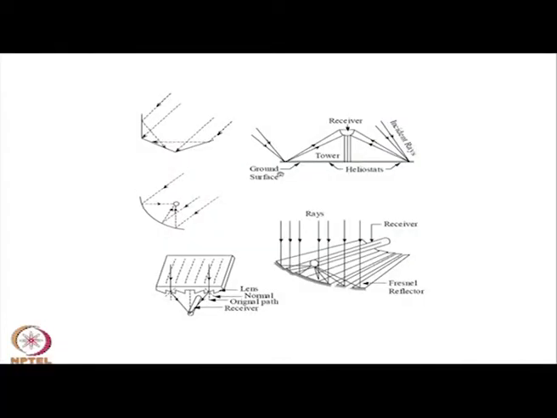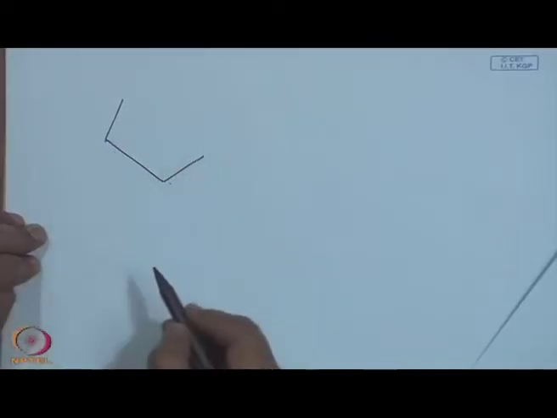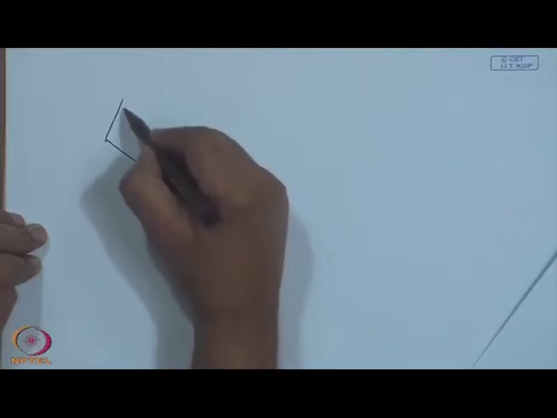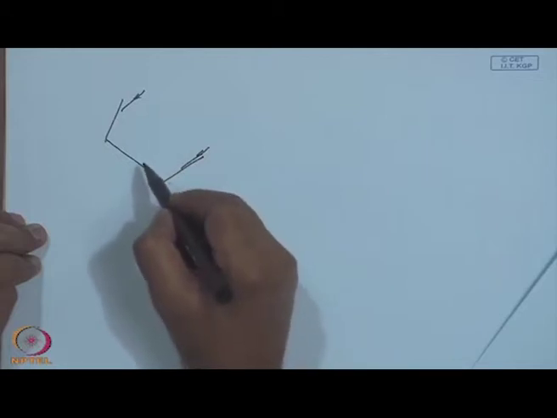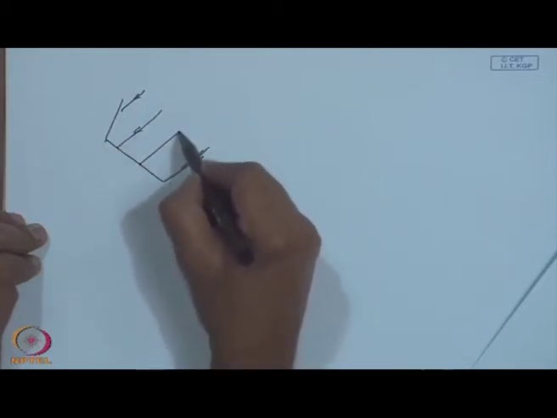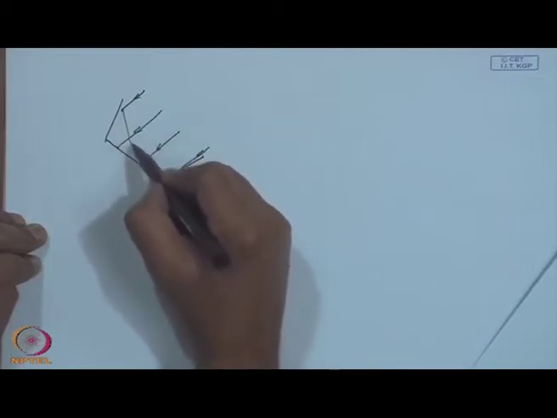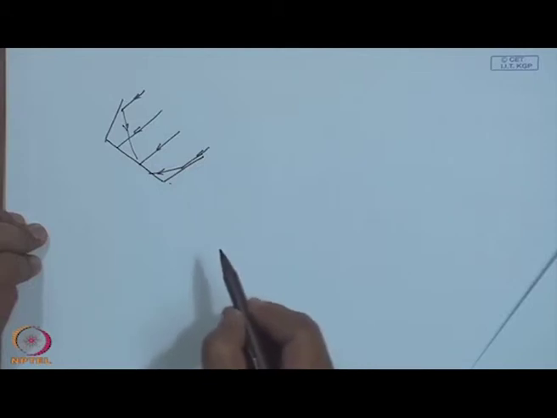So, here are certain pictures that will show you different concentration methods. The first one is almost like the mirror booster which we have discussed. Basically, these two are the boosting surfaces. This will directly receive and this will be reflected onto this.